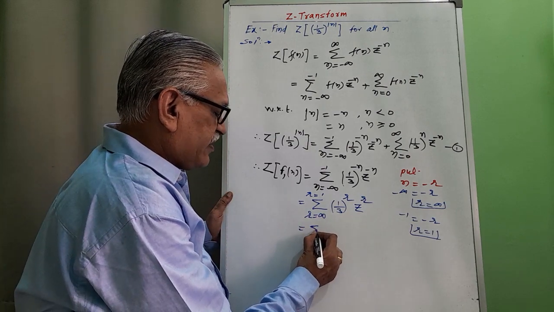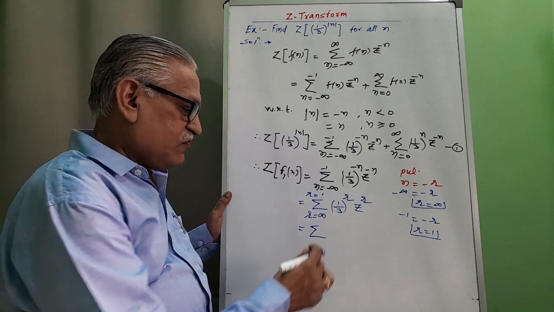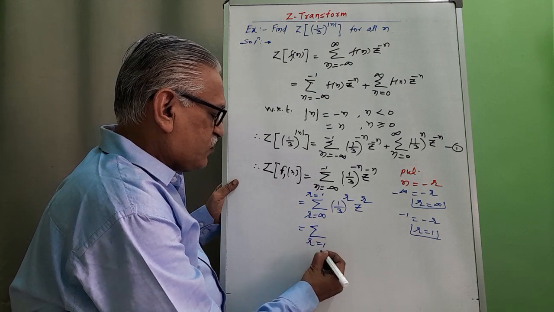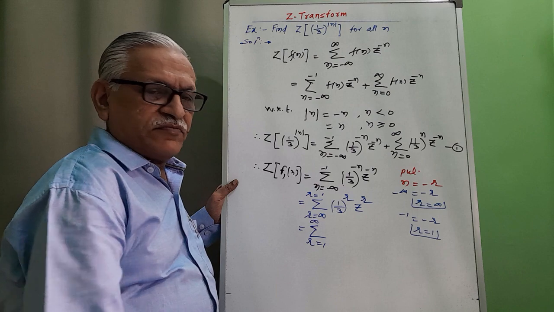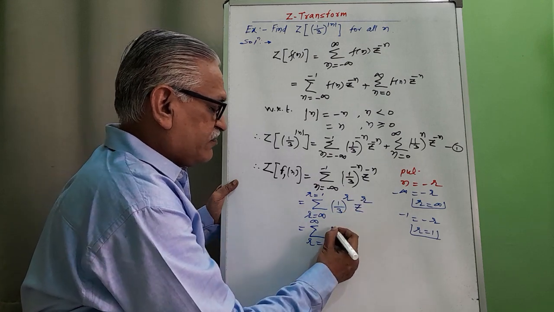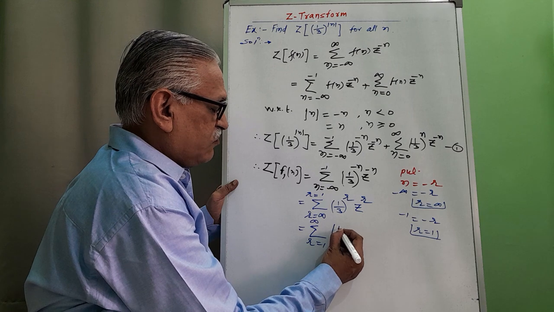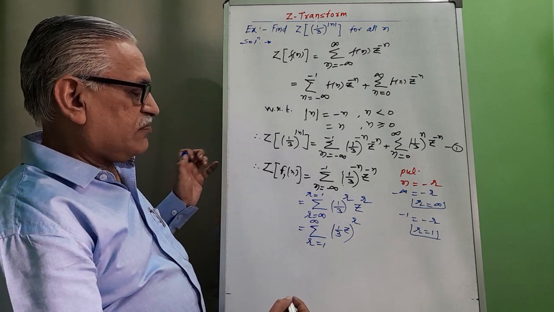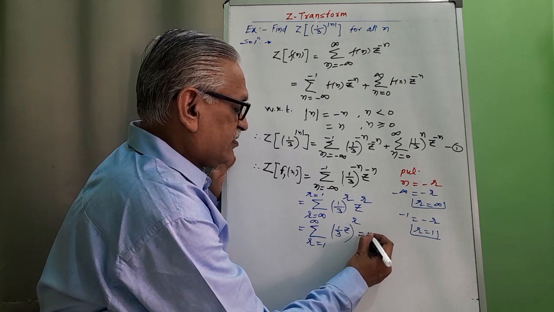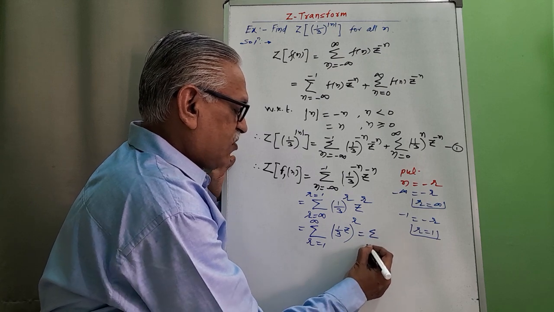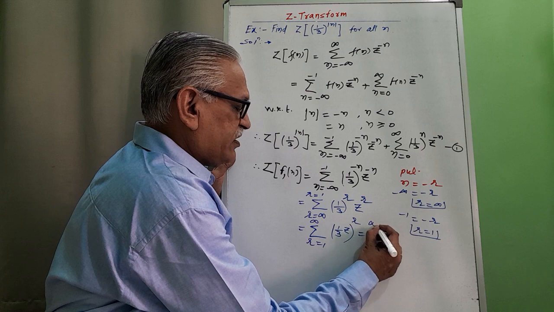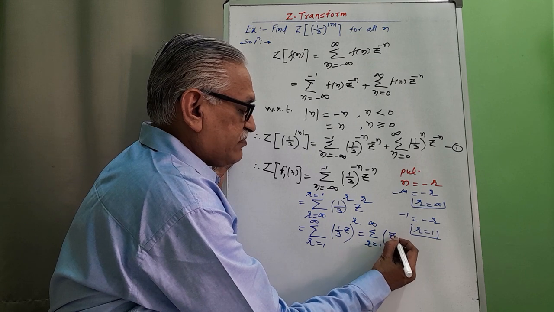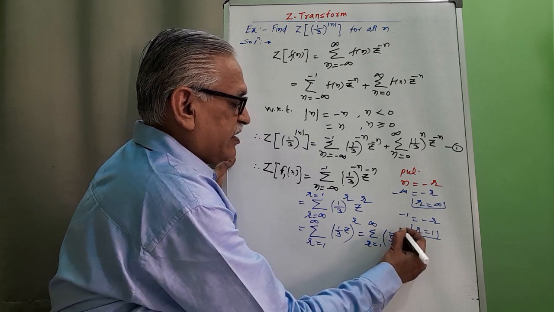Then rewriting the summation from lower value to upper value, r equals 1 to infinity. Combining the power r, we get (1/3 into z) whole raised to r, which we can rewrite as summation from r equals 1 to infinity of (z/3) raised to r.